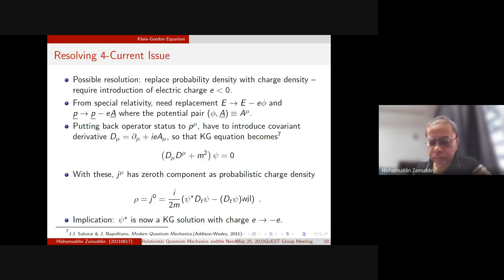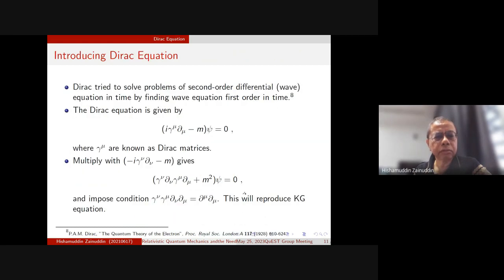So one of the things Dirac was trying to do was to make it first order in the time derivative. The way I'm presenting this here is probably the opposite of what happened in history, but we'll get to that.